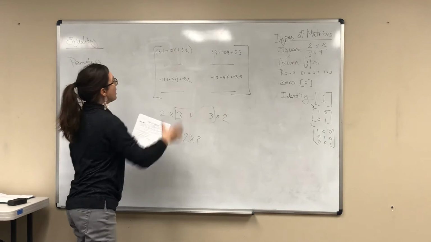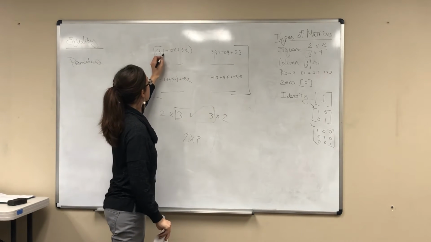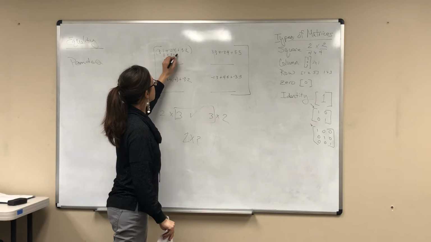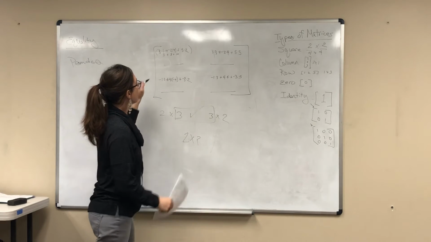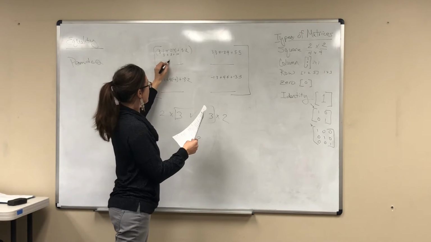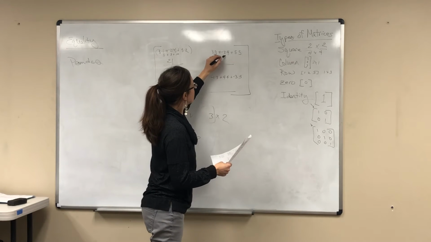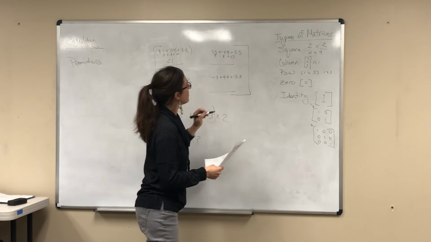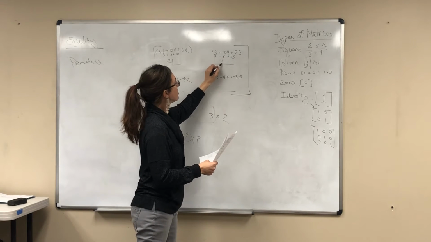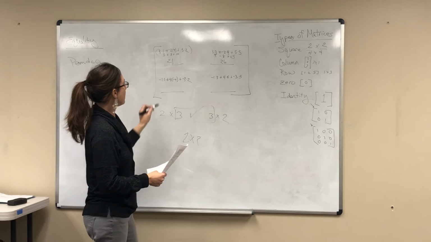Now that we have this, let's look. We've got 3 plus 8 plus 10, that's 21. 9 minus 8 plus 25, that's 26.